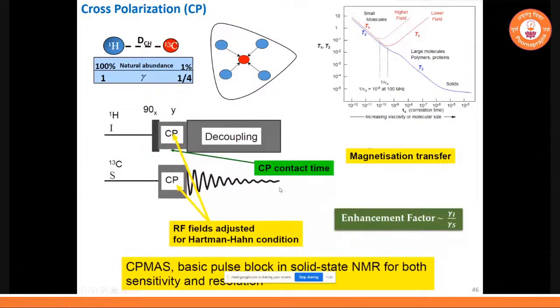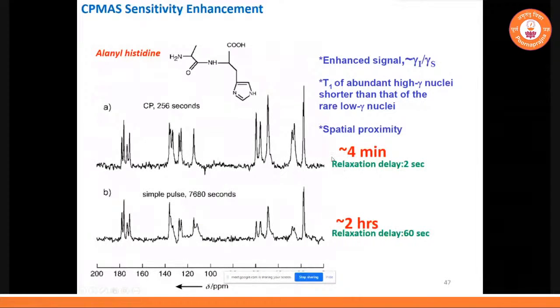Thereby we transfer the magnetization, and the enhancement factor depends on the gyromagnetic ratio. For carbon, the theoretical enhancement factor is 4 times. If you do nitrogen, the enhancement factor will be 10 times, because it depends on the gyromagnetic ratio. Now, let's see this example, the sample alanyl histidine. If you just excite carbon alone, we can see that the relaxation delay of carbon is around 1 minute.